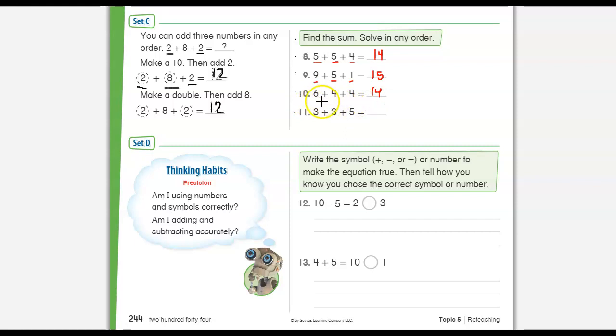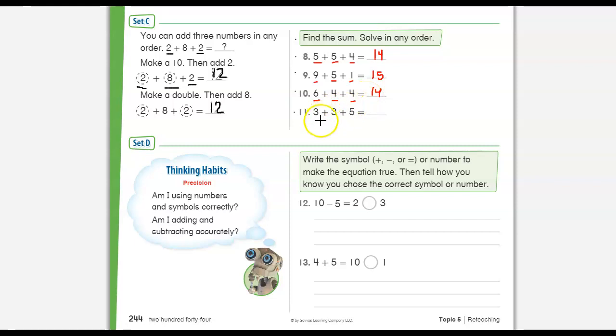In number 10, we had 6 plus 4 plus 4. I could add together 4 plus 4 and get 8, then add 6 and get 14. Or I can add together 6 plus 4, which is 10, plus 4 more, 14. No matter which two numbers you pick first, all three numbers are in the same fact family, so you'll get the same answer.